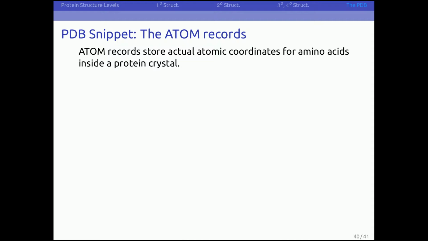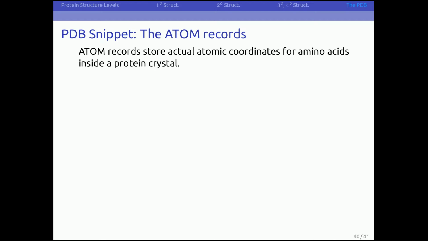So given a frame of reference, we can say that this hydrogen is located at coordinate XYZ. This carbon is located at X plus 1, Y plus 1, Z plus 1. So these are actual atomic coordinates for amino acids inside a protein crystal. And this is how visualization packages like PyMol know how to draw the 3D structure. It's through the atom records.